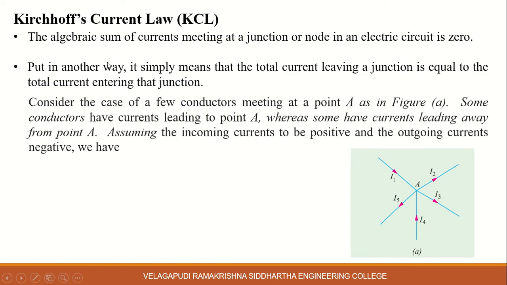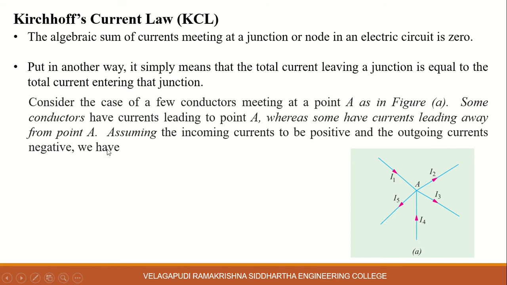Next one is Kirchhoff's current law. The algebraic sum of currents meeting at a junction or node in an electric circuit is 0. Put in another way, it simply means that the total current leaving a junction is equal to the total current entering that junction.